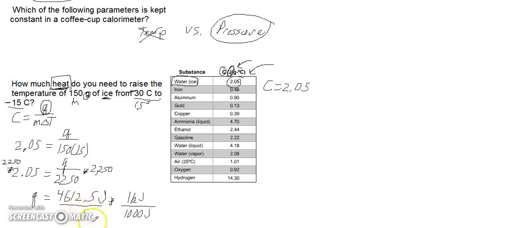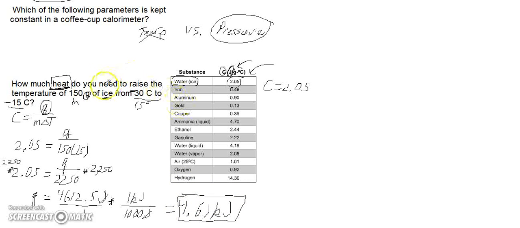You can think of this as over 1 if it helps. So the joules cancel. Then I just multiply across the top, multiply across the bottom. So it turns out to be 4,612.5 divided by 1,000 equals 4.61 kilojoules. And that is your answer for that one.